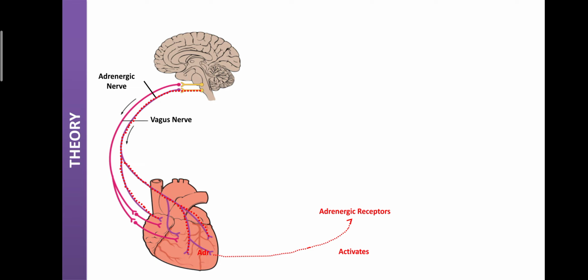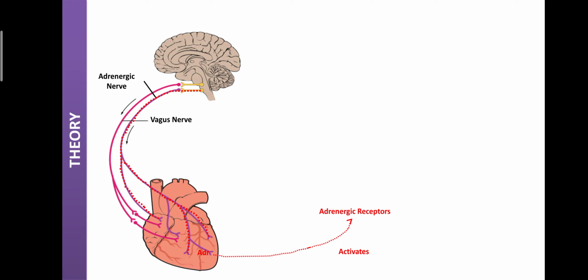Dear students, adrenergic receptors are mainly classified into two types, alpha receptors and beta receptors. Alpha is subclassified into alpha 1 and alpha 2, and beta is subclassified into beta 1, beta 2, and beta 3. But the heart mainly consists of the beta 1 receptor.